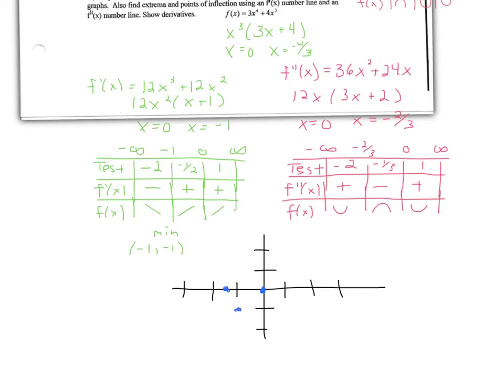So when I graph it, I'm going to be first concave up until I hit -2/3. Then I have to be concave down and continue to increase, but after 0 be concave up. So that is my graph of F.